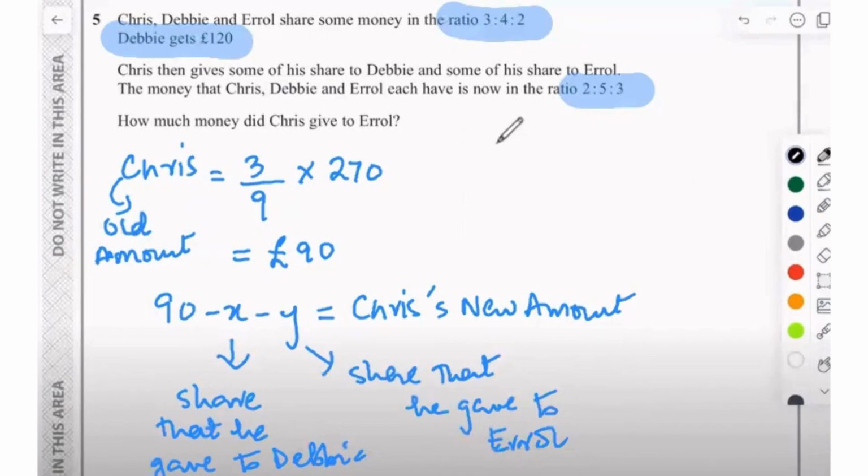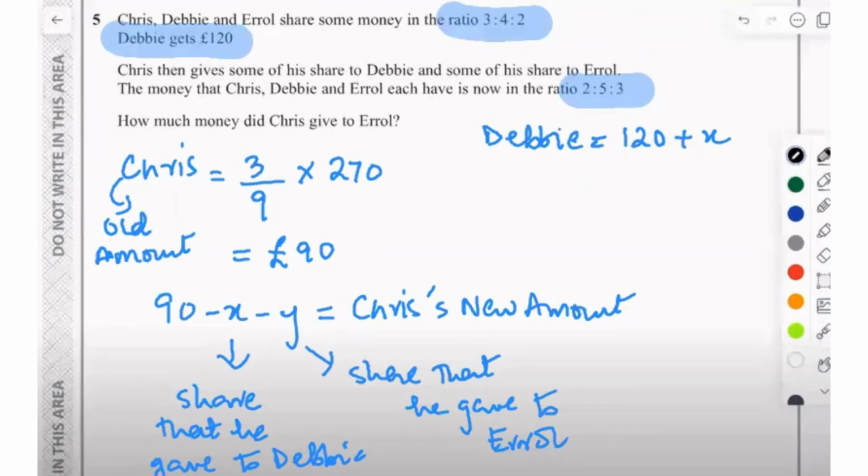Okay. So what we're going to do is change the amount for Debbie and Errol as well. For Debbie, we know it was 120. So Debbie's new amount will be 120 plus x, because x is the amount that Chris gave to Debbie, and previously she had 120. So 120 plus x is Debbie's new amount.